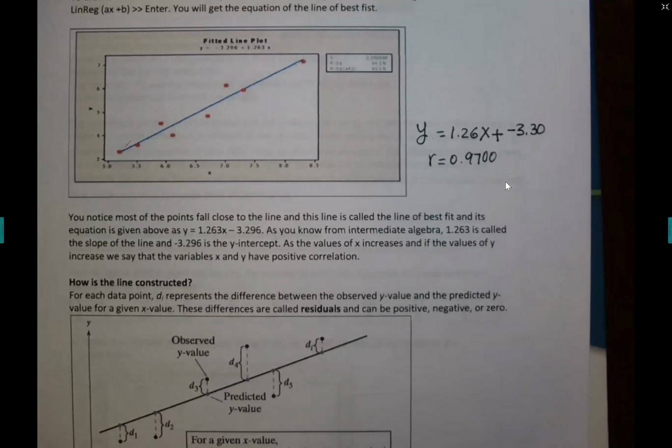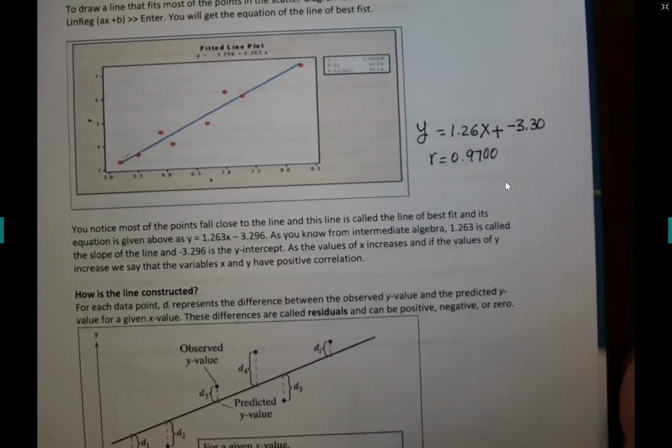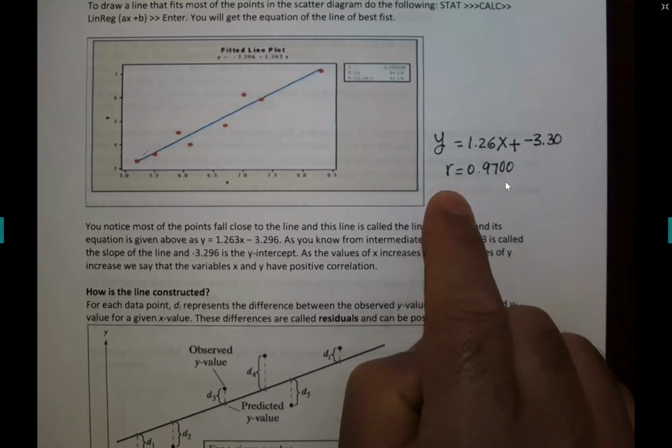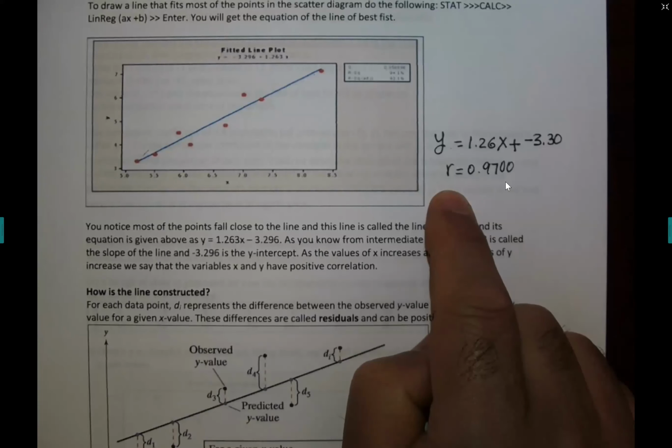Let me explain what R is. R is a number called the correlation coefficient. It is a number we get to determine if there is a linear relationship between X and Y. What do I mean by linear relationship? A linear relationship means if X is increasing, Y is increasing at a steady rate, or if X is increasing, Y is decreasing at a steady rate.